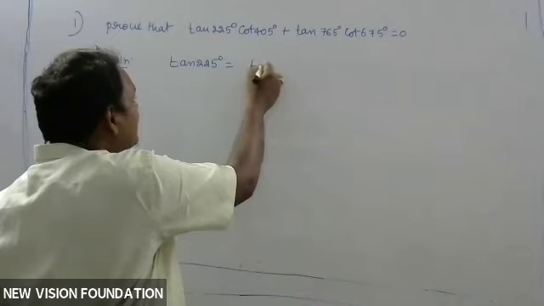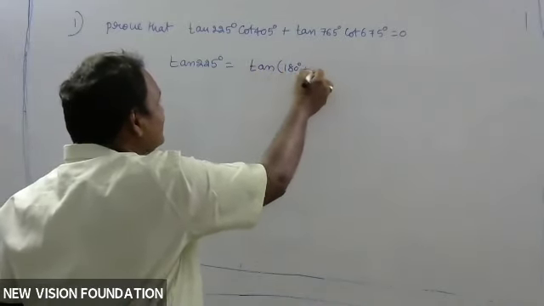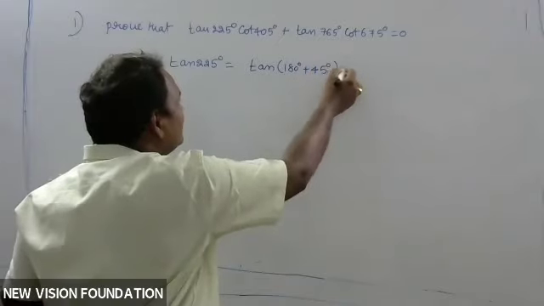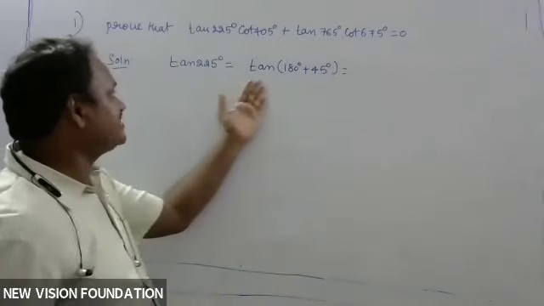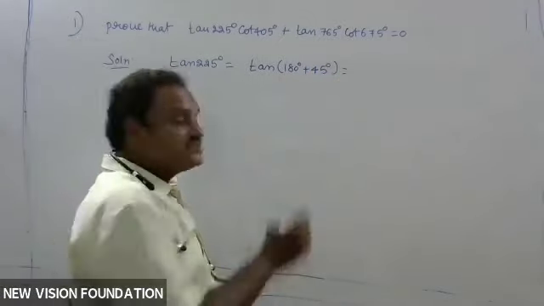Now, tan 225 degrees you can write as 180 degrees plus 45 degrees. Tan of 180 degrees plus theta, in the third quadrant, becomes tan theta. That means tan 45 degrees, and tan 45 degrees value becomes 1. So this value is 1.